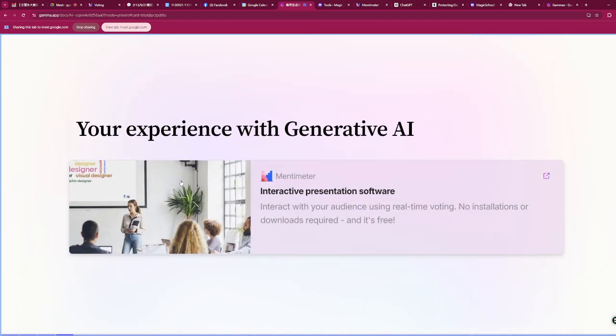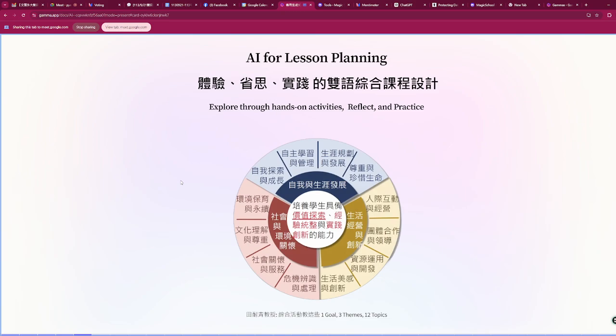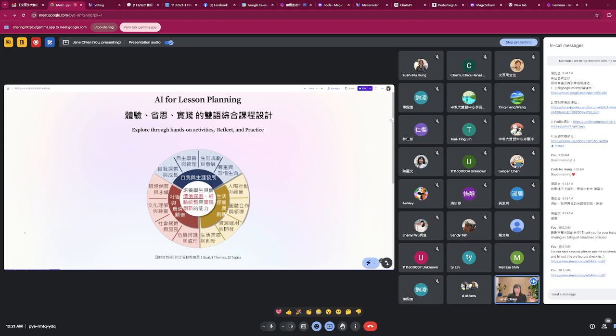My example for today is on 综合, 双语综合, because I know that there's a session on 综合 this afternoon, and we all know that for 综合, we really need to provide 体验性思实践, and based on our curriculum, it's got one goal: 培养学生具备价值探索、经验统整与实力创新的能力. So this is provided by 田爱庆教授. One goal, 3 themes, and 12 topics.